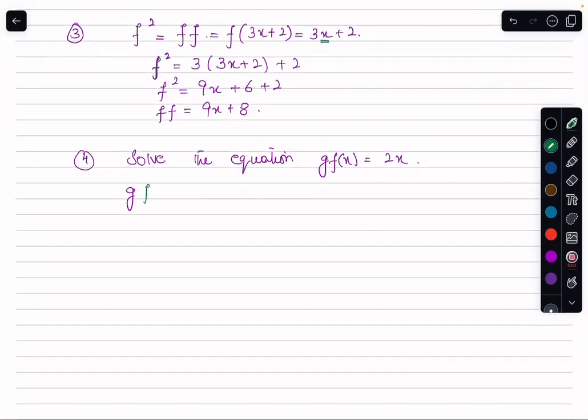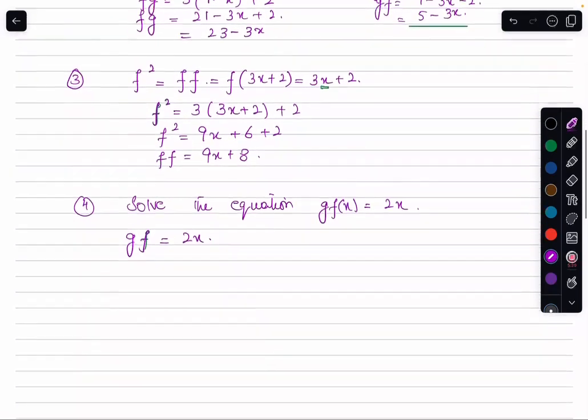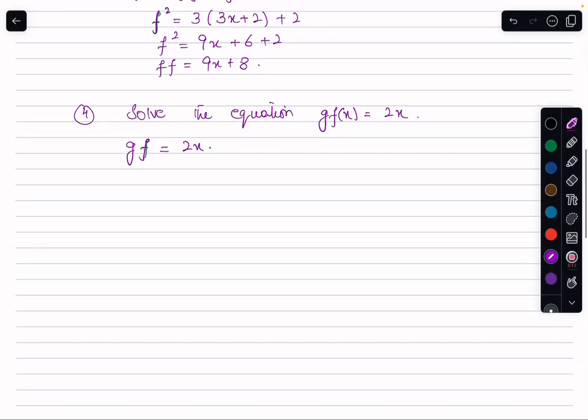So gf equals 2x, where gf is 5 minus 3x. I'll just equate it: 5 minus 3x equals 2x, so 5 equals 5x, since 2x plus 3x will be 5x. Or I can say that in this case, the value of x equals 1. So this is how I can even solve the equation with respect to the given condition here.